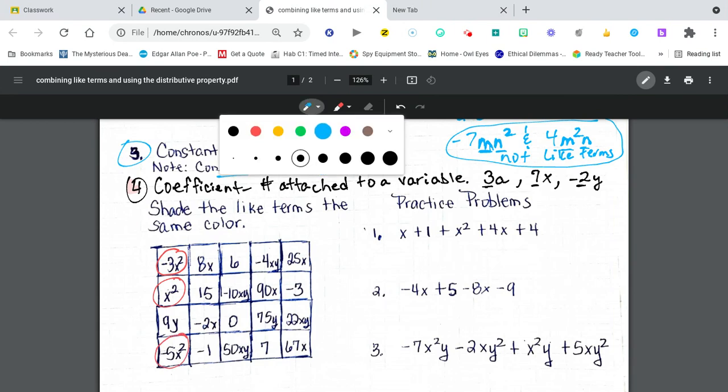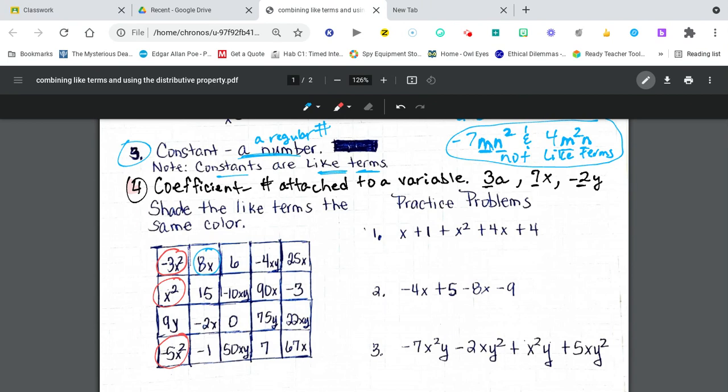Yeah, that's much easier. 8x, find anything else with just an x. No xy, no x squared, just x. Would be like 25x, -2x, 67x, 90x. Okay? All of them have x's. Now the coefficients are different, but all of them have just a regular x. So they're all like.